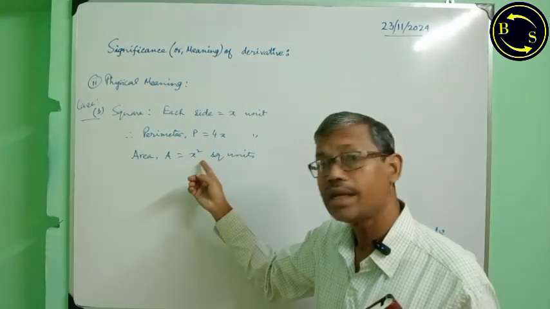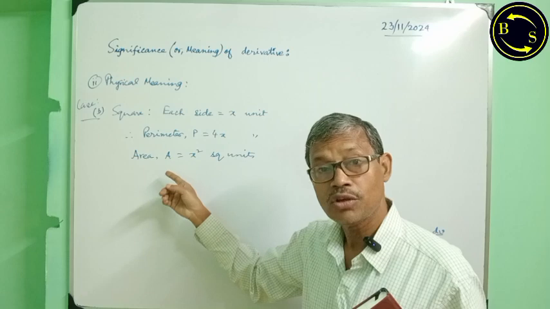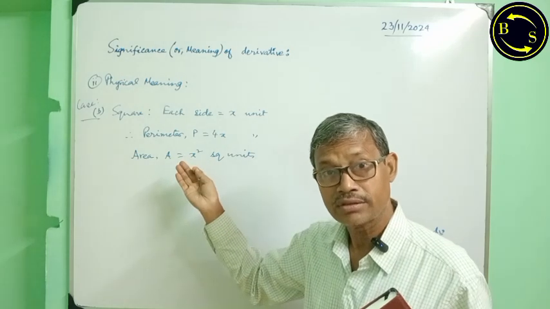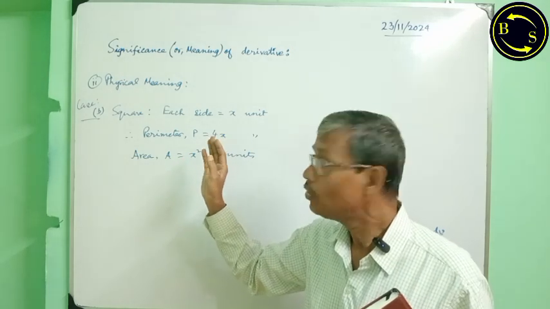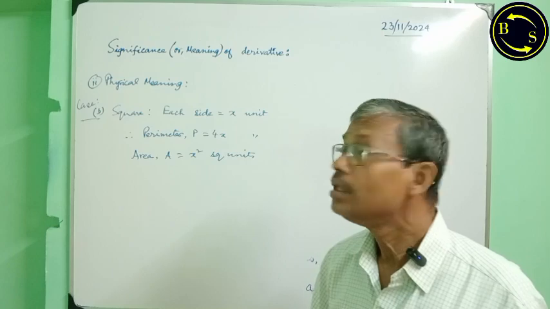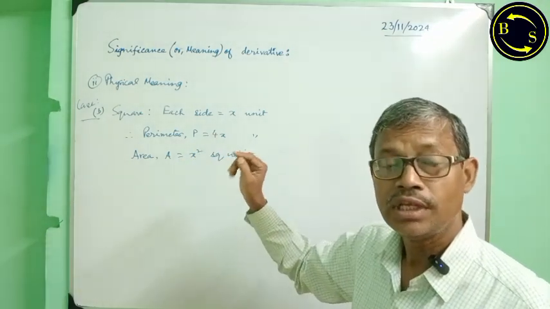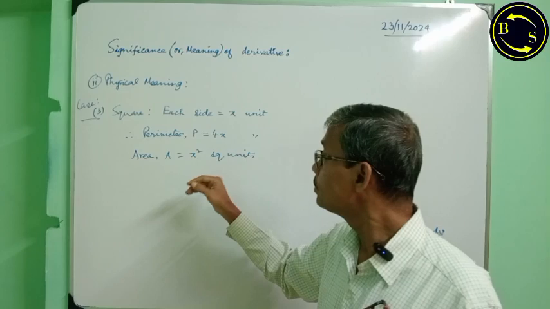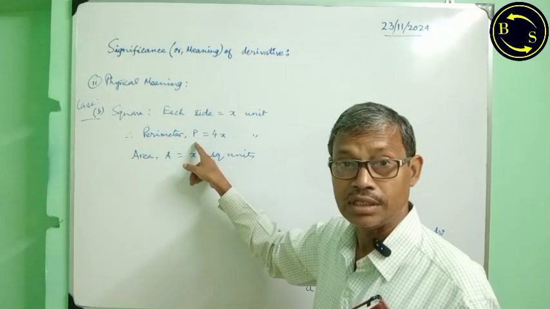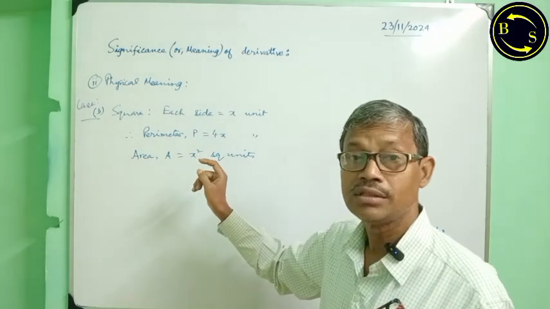Also dA dx, rate of change of area with respect to x, that means with respect to its side. Also this may be dependent on time. In those cases we consider dp dt, dA dt.